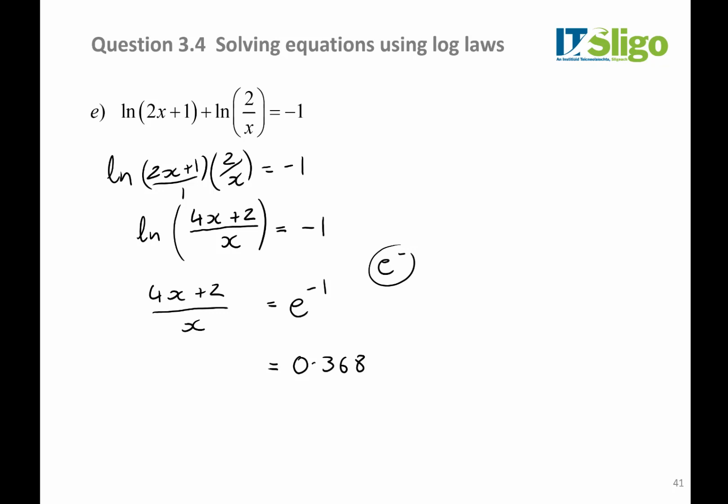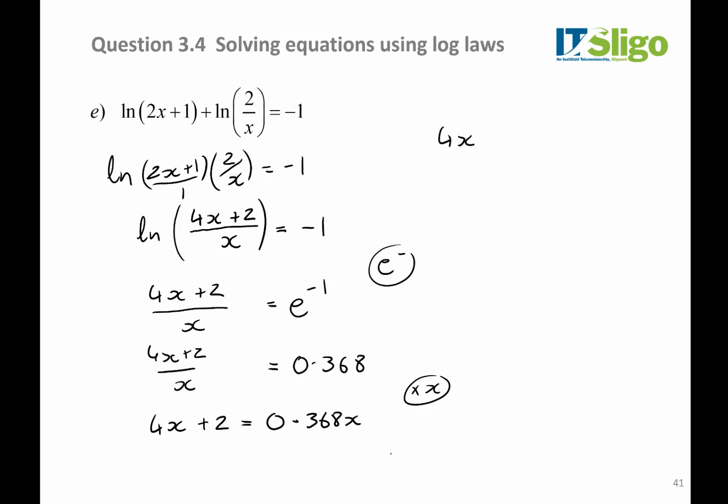I'll keep 4x plus 2, so I don't wreck any heads. Now I'm going to multiply both sides by x. So to bring this x up, we'll get 4x plus 2 is equal to 0.368x.